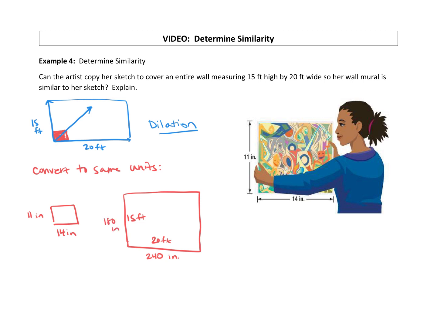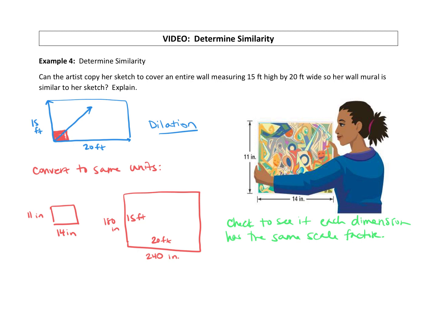So what we're going to do is check to see if each dimension has the same scale factor. If you remember, to dilate one figure into another figure, it uses the same scale factor for all the sides.